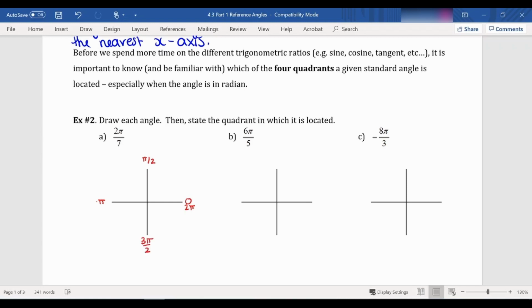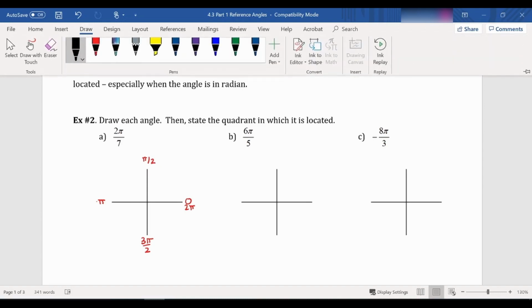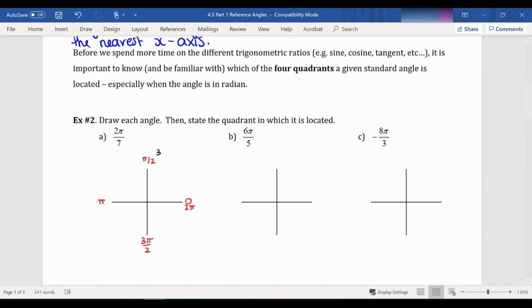Now, some people find it helpful to change these to have a common denominator with the radian angle they've been given. So our first one, for example, is over 7. Okay, so pi over 2, this would be 3.5 over 7 pi, which isn't great. So this could also be 7 pi over 14.